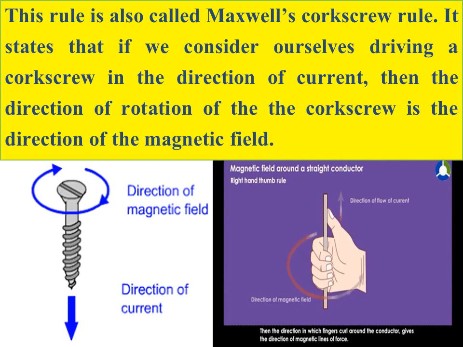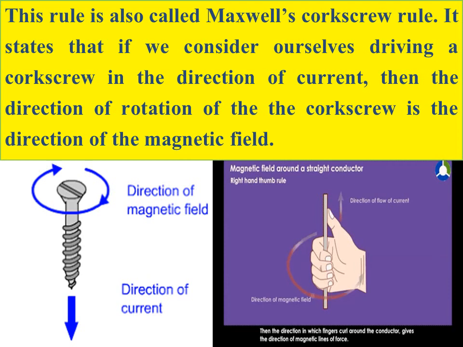That means the direction in which we are rotating the screw to drive it gives the direction of the magnetic field lines. That is why it is known as Maxwell's corkscrew rule, and it is similar to the right hand thumb rule. Both are defining the same thing, that is, the direction of the magnetic field produced by a straight current carrying conductor.